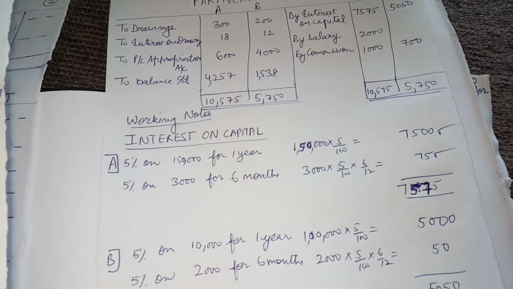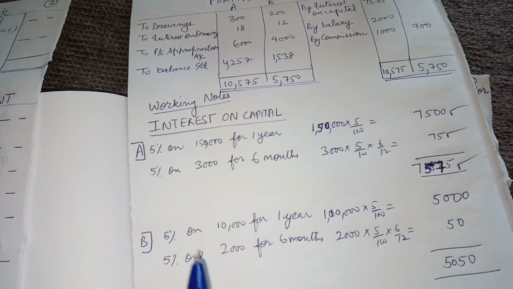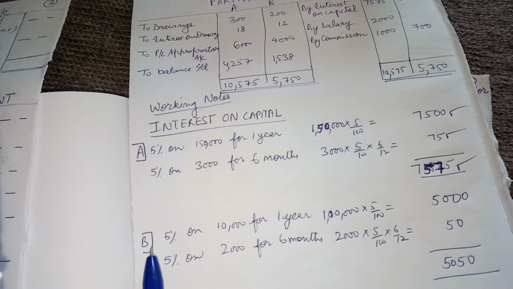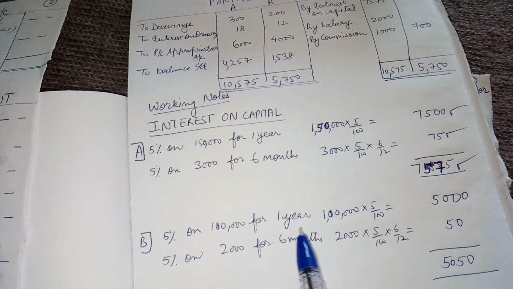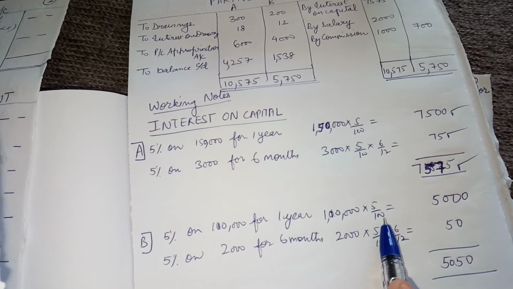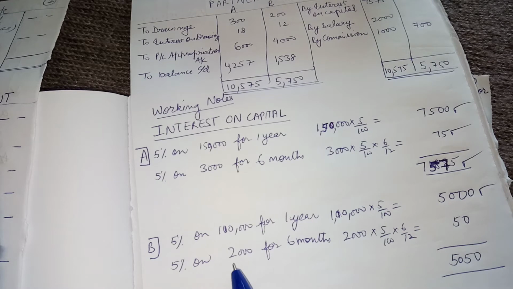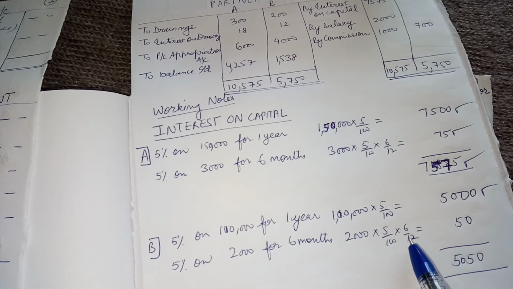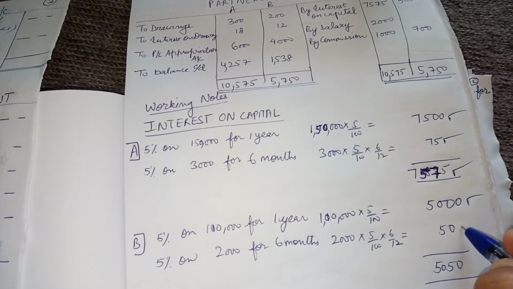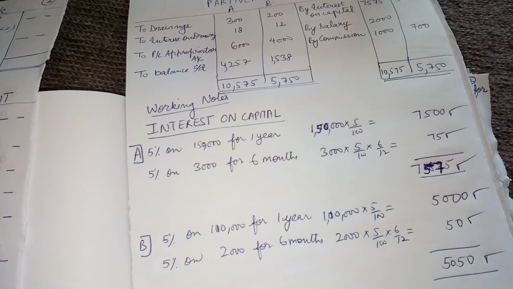So the total interest comes out to be 7,575. In case of B, 5% of 1 lakh for 1 year, that is 1 lakh into 5%, 5,000 rupees. Then 5% on 2,000 for 6 months, that is 2,000 into 5% into 6 by 12, that is rupees 50. So the total comes out to be 5,050 rupees.